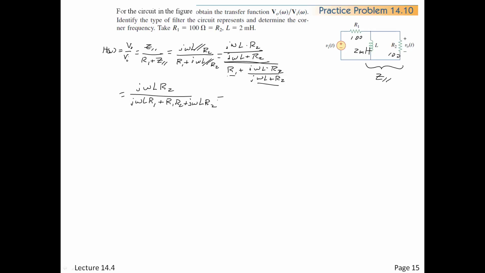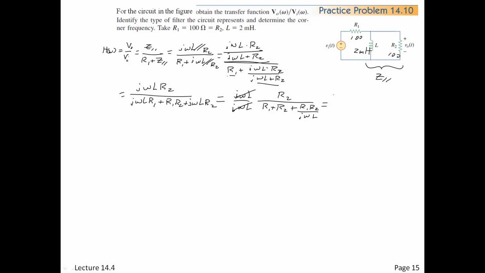All right, so let me just keep factoring with this a little bit. If I pull a j omega L out of the numerator, I'll leave room for my R2. And I'm going to pull a j omega L out of the denominator too. See where this goes. So that looks like I'll have R1 plus R2 plus R1 R2 over j omega L. And these two can now cancel. All right, so this could get messy before it gets better, but let's see.